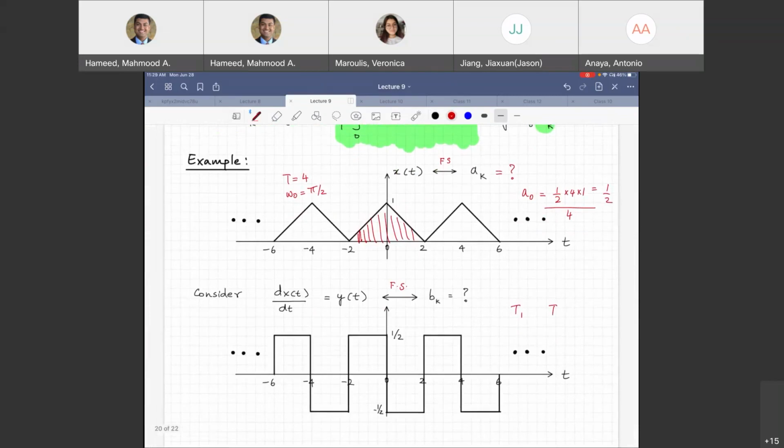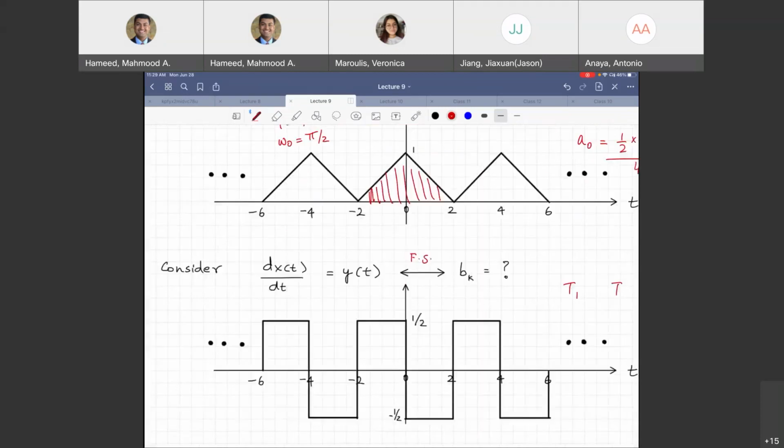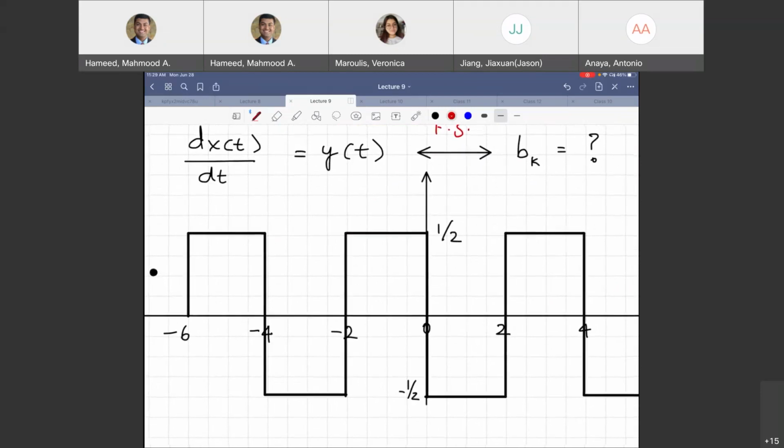Go ahead. It has to be symmetric about the y-axis, right? Shifted by how much? 1, right? So if you pick 1, this is -2, this is 0. If you pick -1 to 1, it would have been there, right? So you use it, then you move it back.